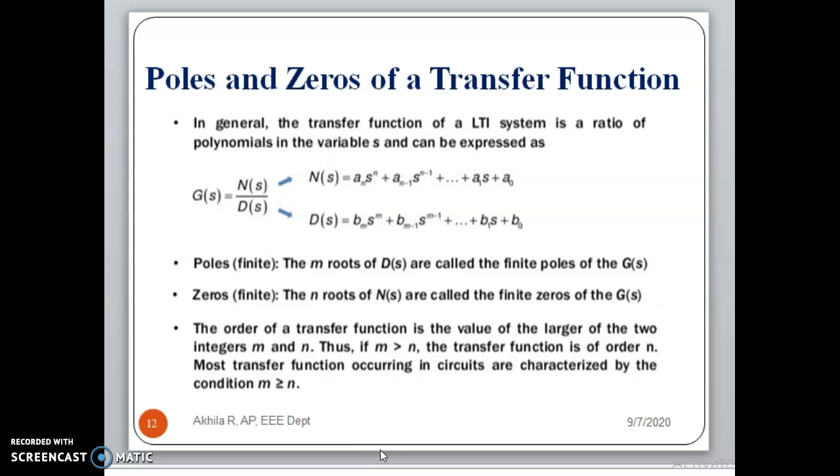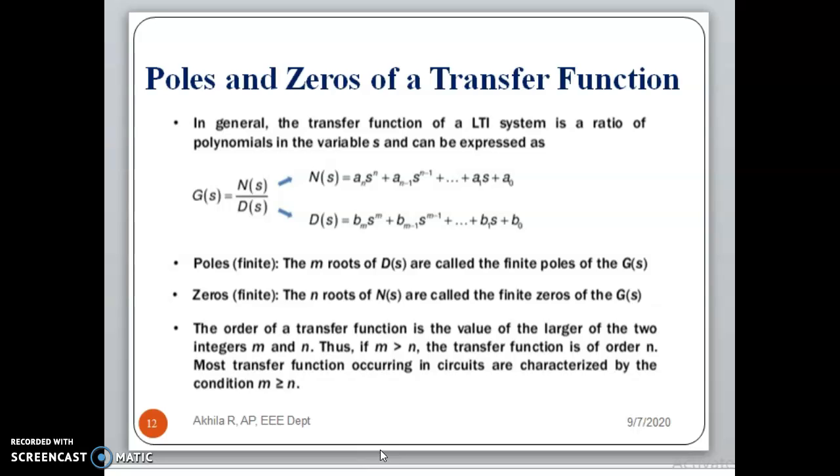Now I'll move on to another topic, which is poles and zeros of a transfer function. If the transfer function is denoted as N(s) by D(s), with the expressions for N(s) and D(s) given, the poles are going to be the roots of your denominator.